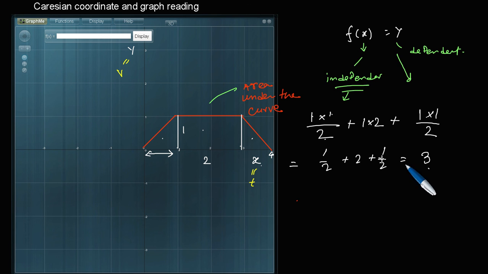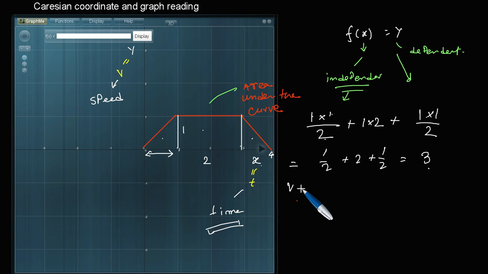So 3. If it is v, that means velocity or speed, I'm talking about one dimension only, and this is time. So a particle moves, and if we plot the graph of its speed against time and get this type of profile, then you can calculate the distance by doing this.